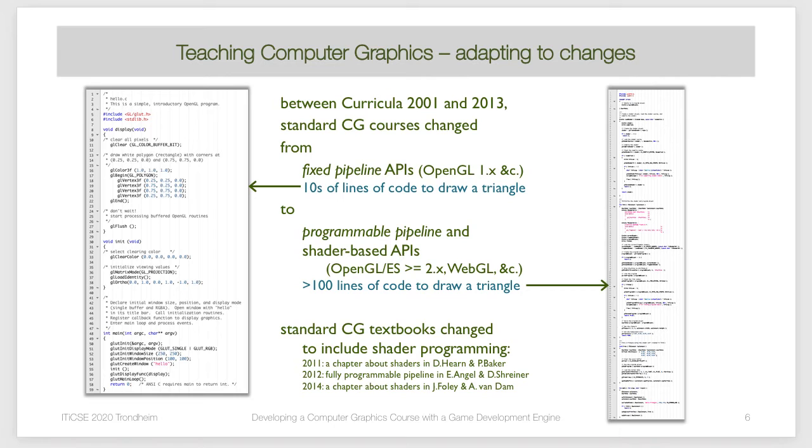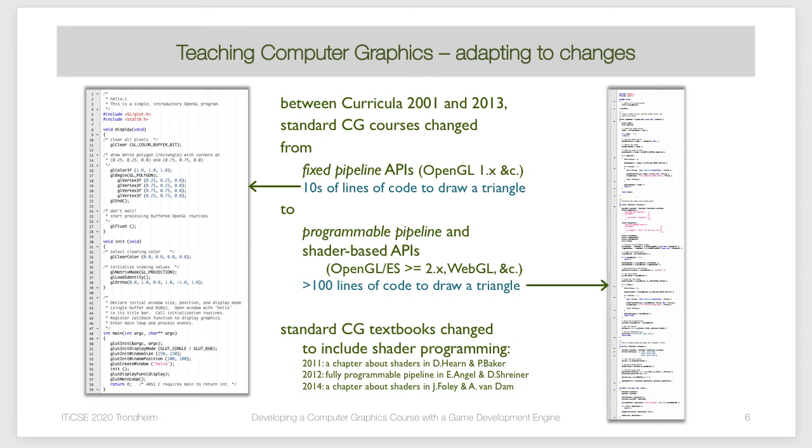On the right, we can see an example where we draw a single triangle using OpenGL in a fixed pipeline. It takes a few lines of code and all the rest is setting up. Of course, on the left side, most of that code is also setting up the API. However, it takes hundreds of lines of code to set it up, and it's still just to draw a single triangle.